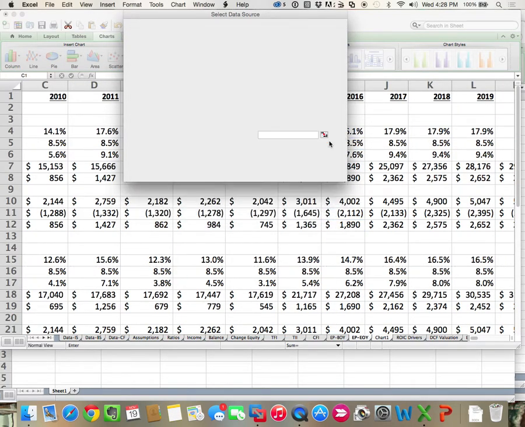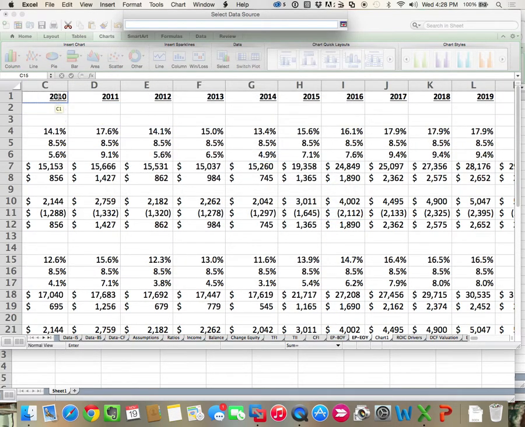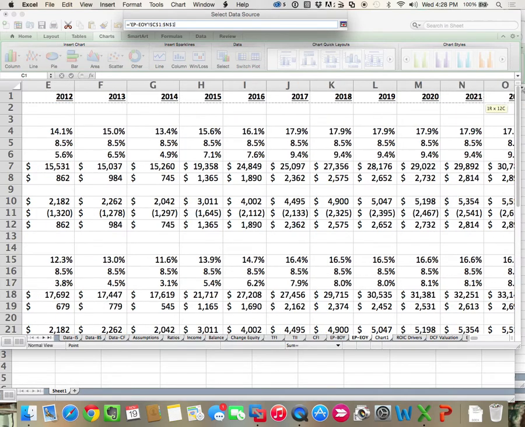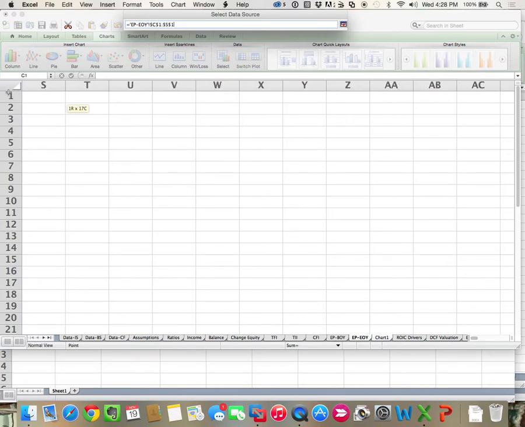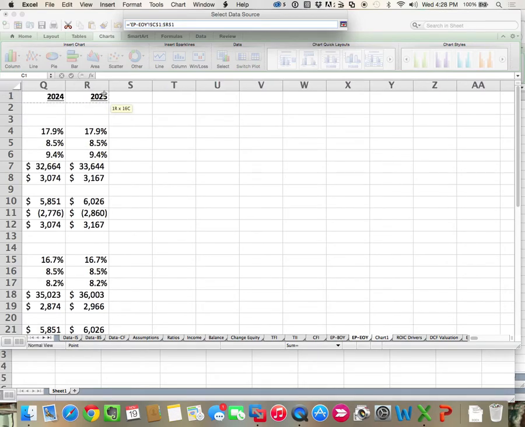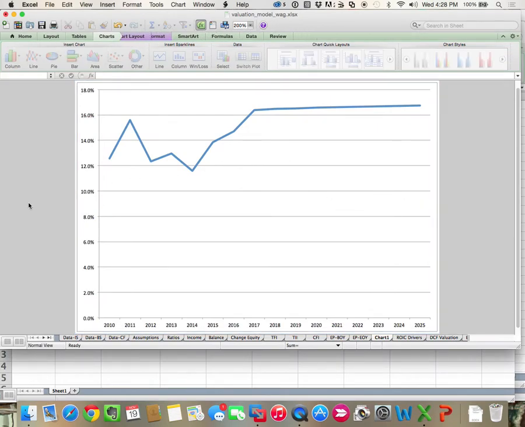For the x-axis labels, I can label this so I know which year is which, from 2010 to 2025. So there's my line chart of the ROIC for Walgreens. Again, historical, future valuation.